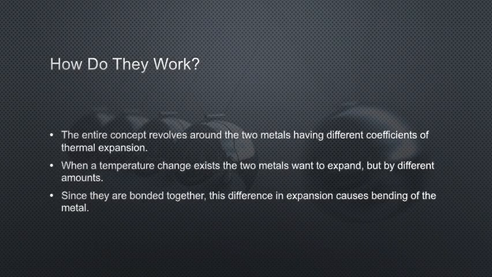If you heat up the metals, they would want to expand, but by a different amount because of those different coefficients of thermal expansion. Because of that, we'll see bending, and this bending will actually be towards the metal with a lower coefficient of thermal expansion.